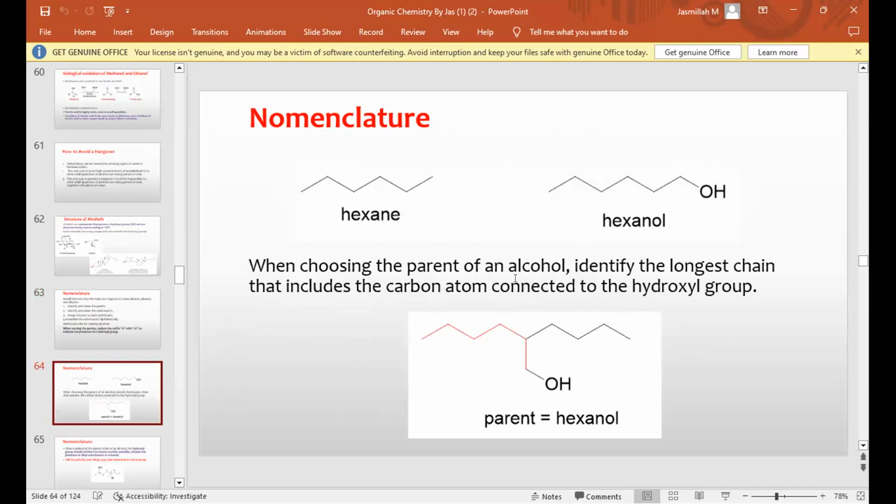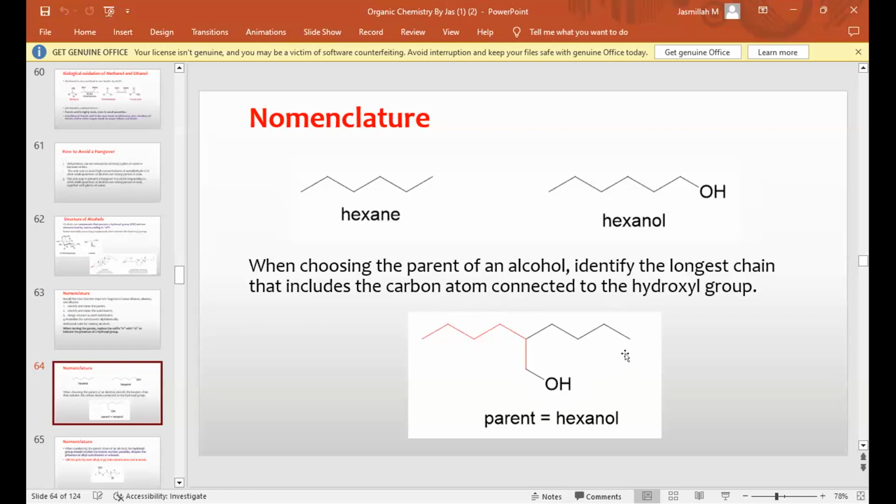When choosing the parent of an alcohol, identify the longest chain that includes the carbon atom connected to the hydroxyl group. So we want the longest chain that is bonded to the alcohol. We won't count going this way; we count following where the OH group is.